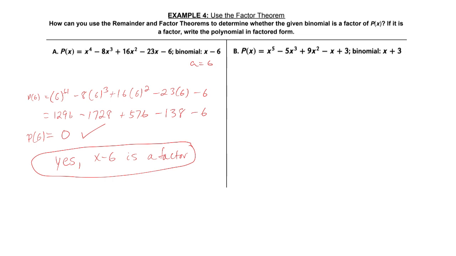All right, let's try the next one. All right, a is -3, so we're going to substitute -3, so p of -3 is -3 to the 5th minus 5 times -3 cubed plus 9 times -3 squared minus -3 plus 3.